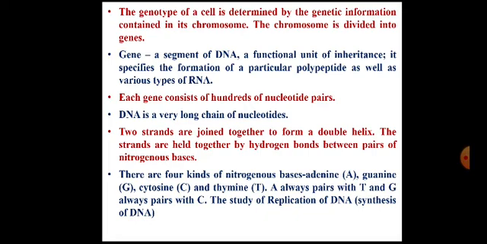This is the basic difference between DNA and RNA. A very important point is that adenine always pairs with thymine and guanine always pairs with cytosine. This pairing is highly specific, and it is very important for the gene expression process, that is transcription and translation.